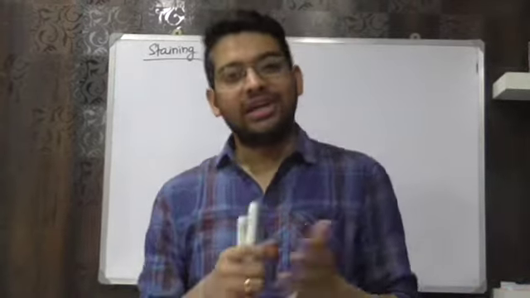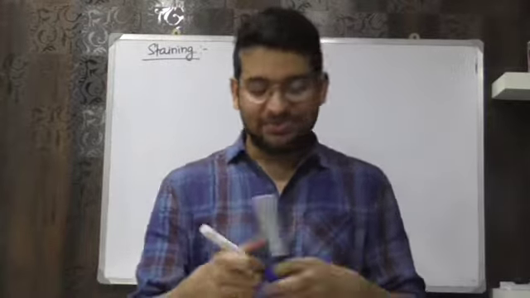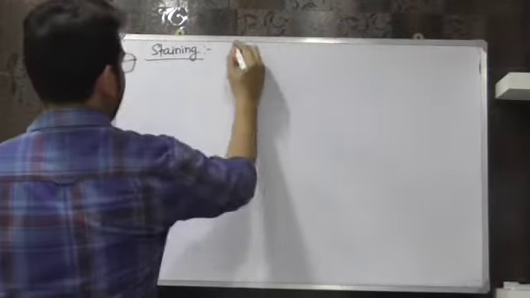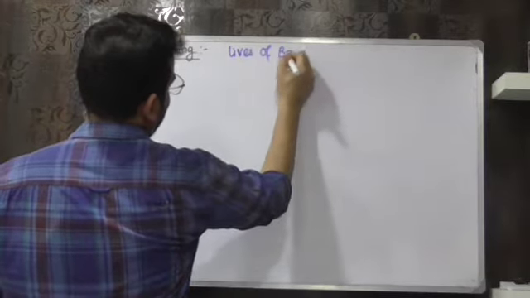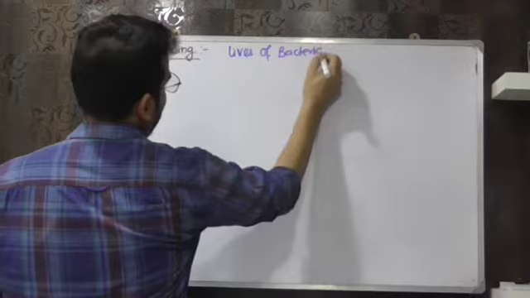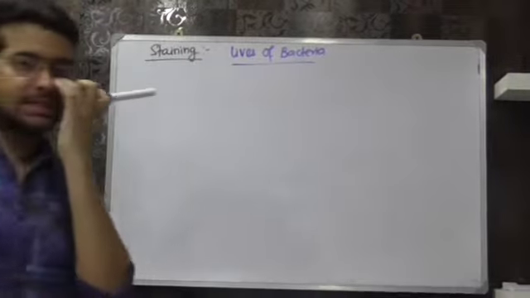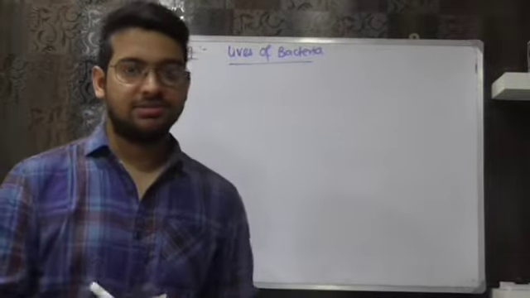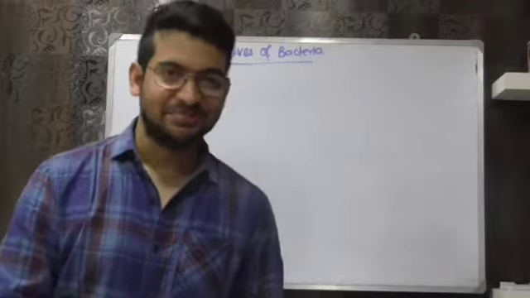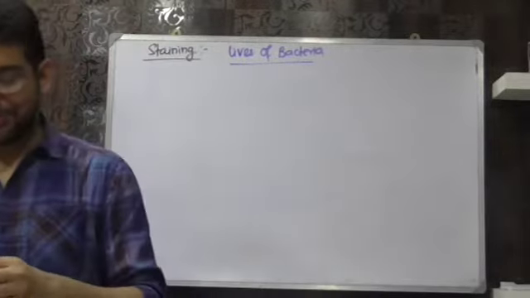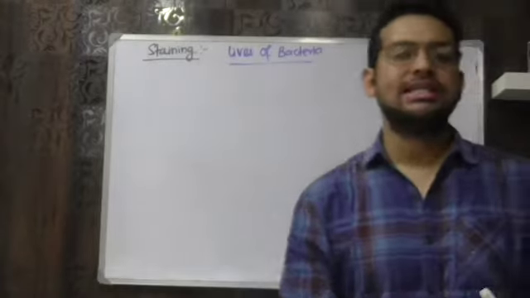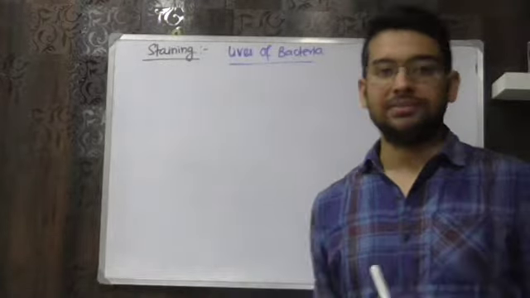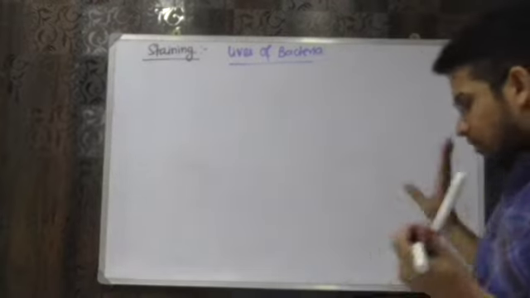But for that you have to take lives of bacteria. That means bacteria will die if you put colors in their body. This is not always true, but in most cases bacteria will die after staining.